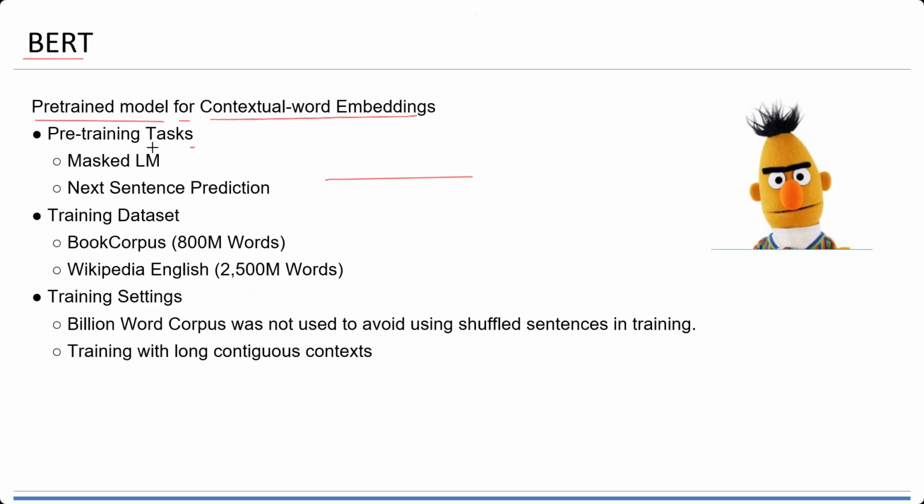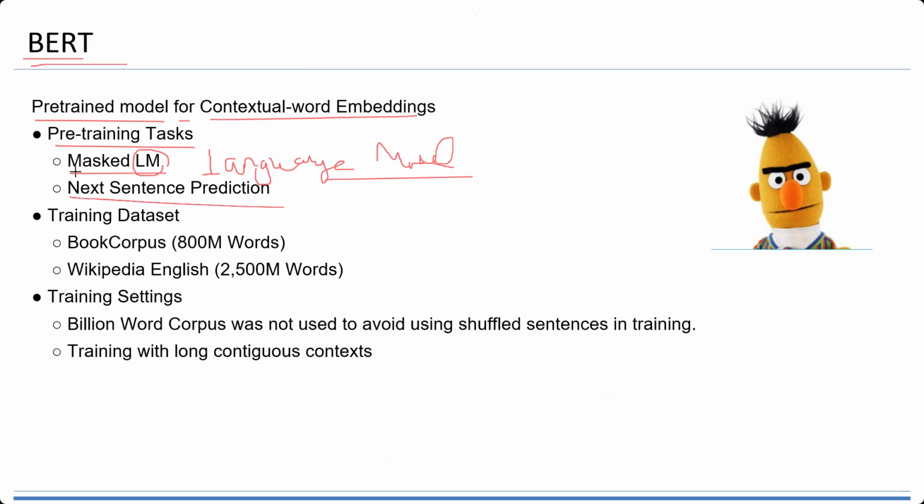Originally, BERT was used for some pre-training tasks. There are two pre-training tasks. The first is masked LM, where LM is the language model. And we can also check next sentence prediction.